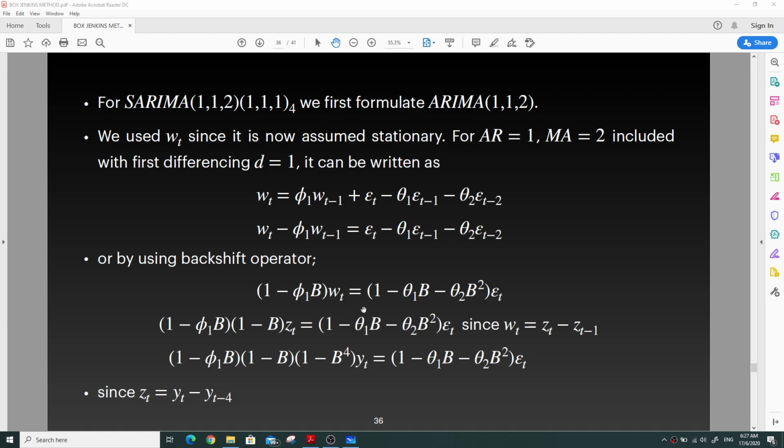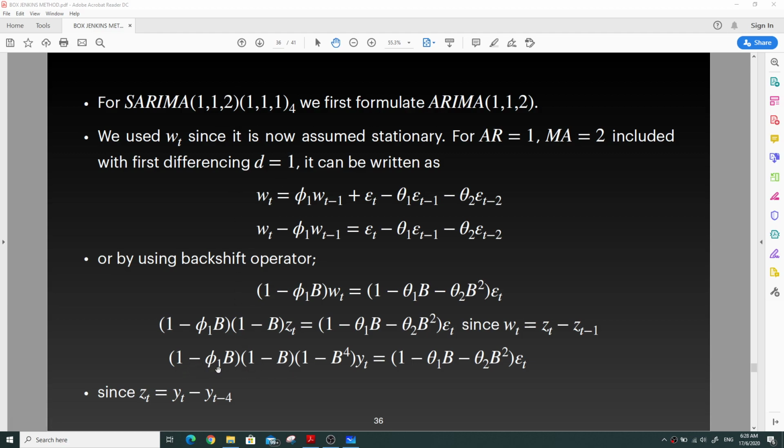At the end of it, we will use the backshift operator to represent this particular model. From this backshift operator, we can determine the small p, d, q and the capital P, D, Q.